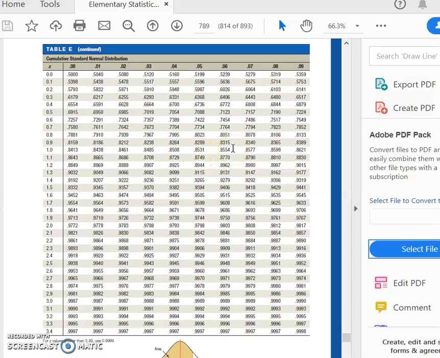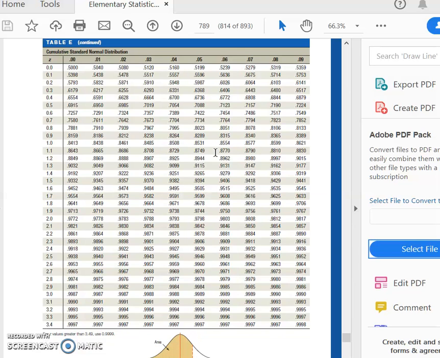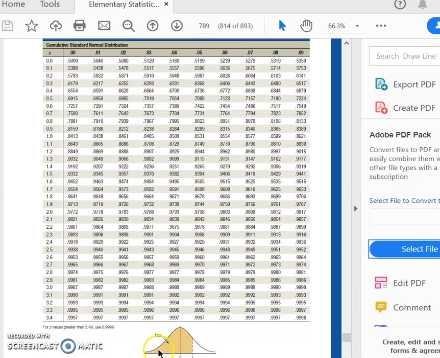So 1.06 is this one right here. The 0.06 added to the 1.0 gives me 0.8554. So remember what that means. 0.8554 means that to the left of that z value is 0.8554 of the area, okay? So that's the area to the left.